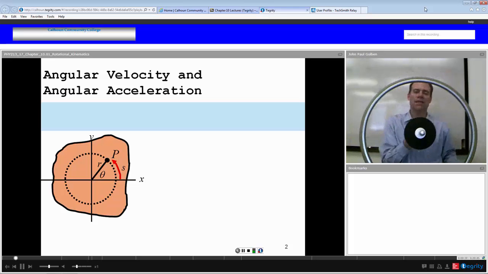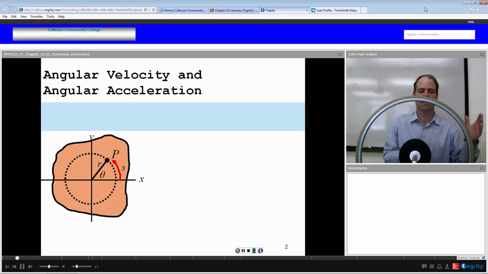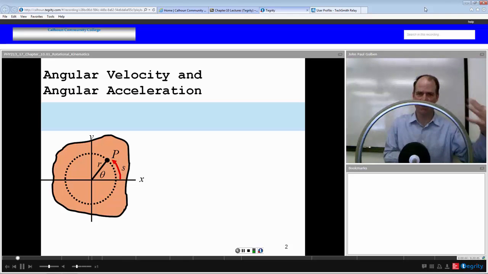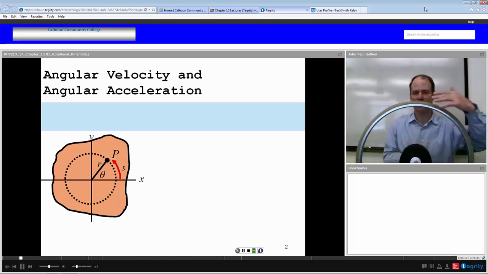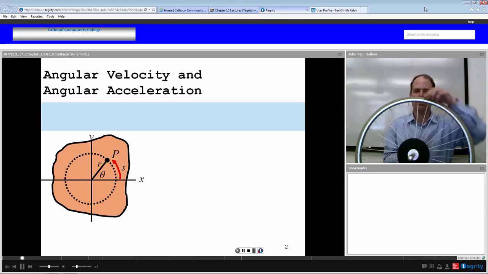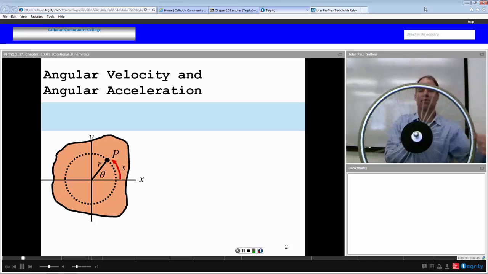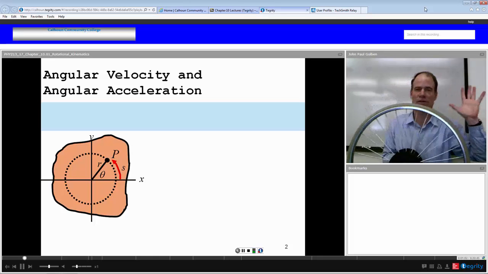But we can see almost immediately that we're going to have a problem, because if I'm trying to describe the motion of something in a circular sense like this, an object like this wheel, I can immediately see that points of this wheel have different velocities. If I have a point on the rim, it's going through this full circumference of this big circle all the way around in a certain amount of time.